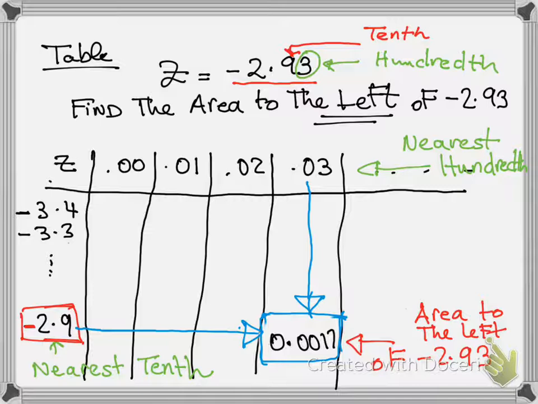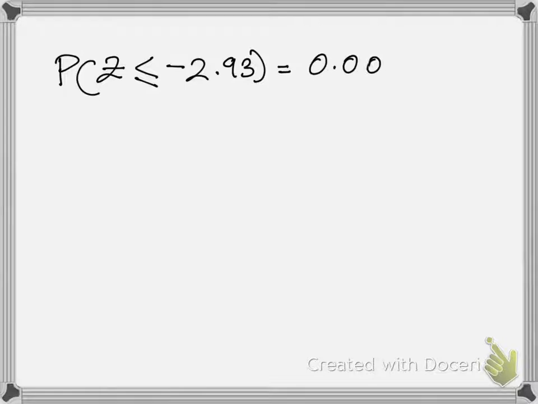That means the probability that z is less than negative 2.93 is equal to 0.0017.